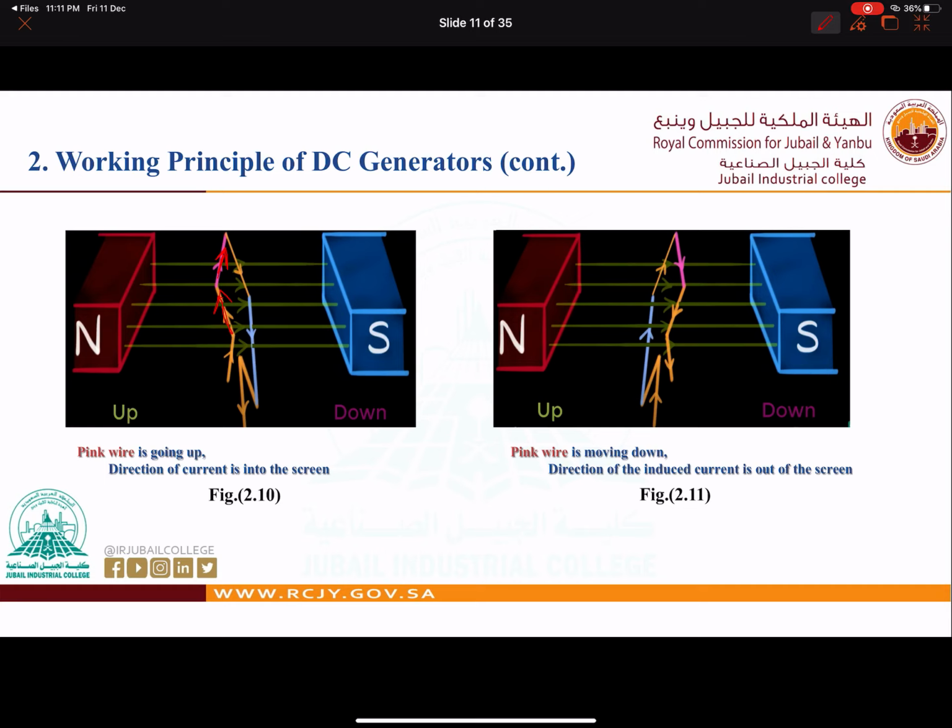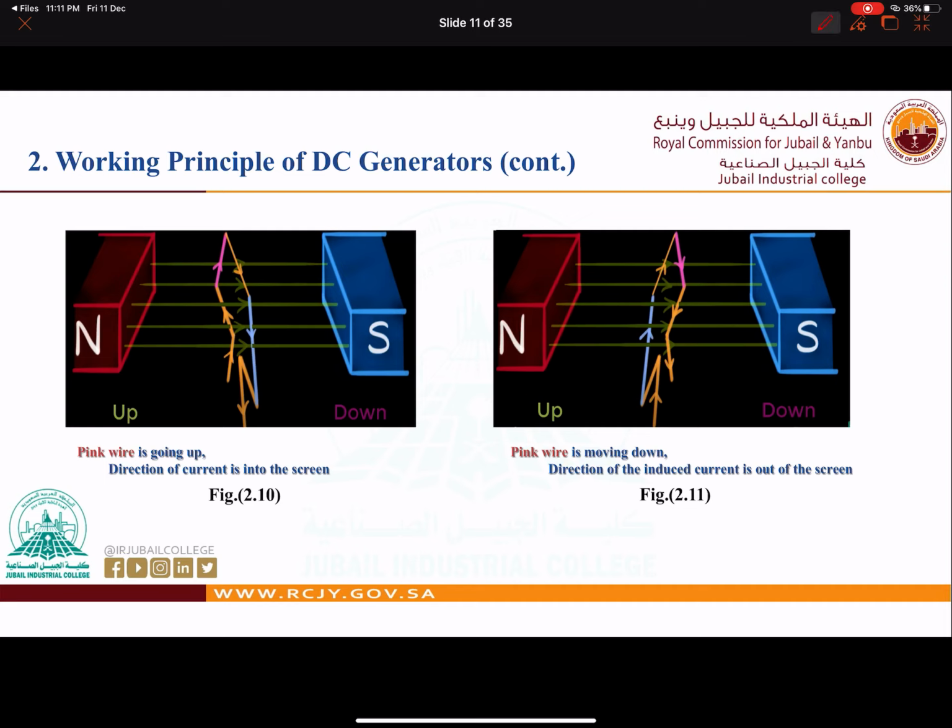Now as you can see here, the angle is almost 180. What if the angle is after 180 on this side? Can you see the direction of the current here?